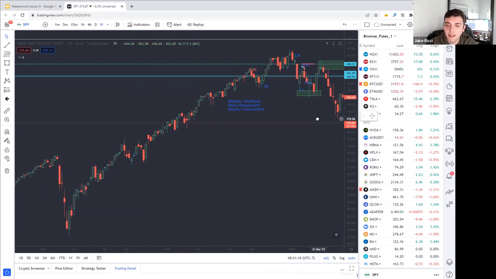It was totally a possibility, especially with this follow-up bar, that we could have gotten another push up towards maybe the 430 area. And would that have changed anything from a trend perspective on the weekly? No, it just wouldn't have.